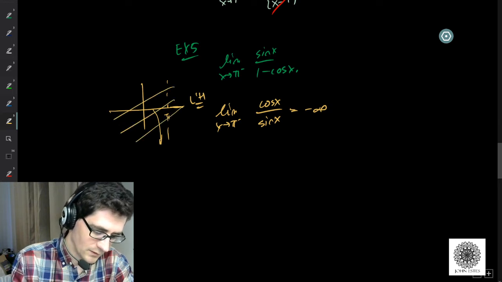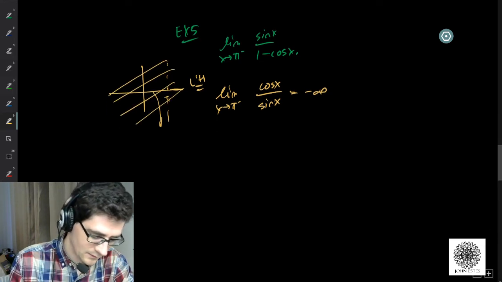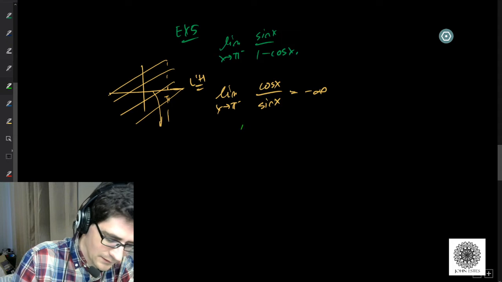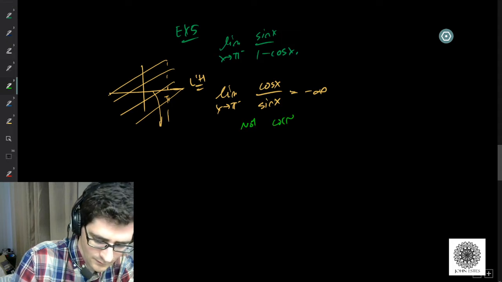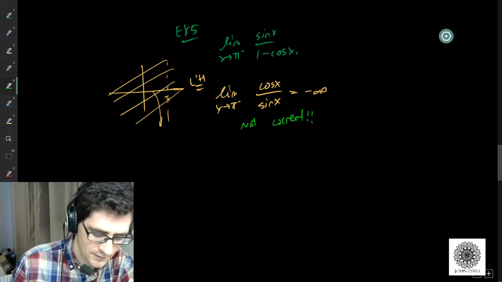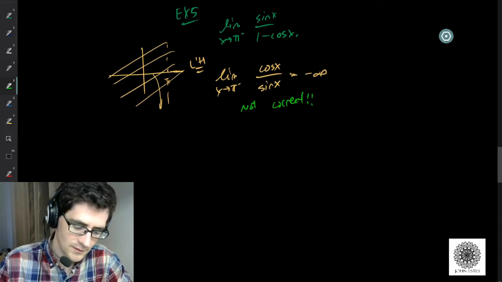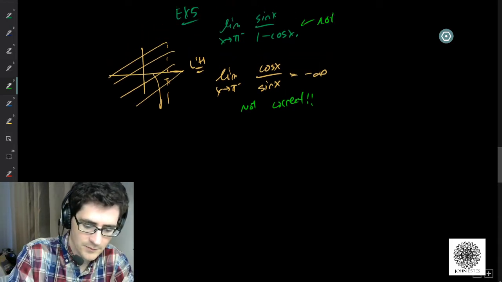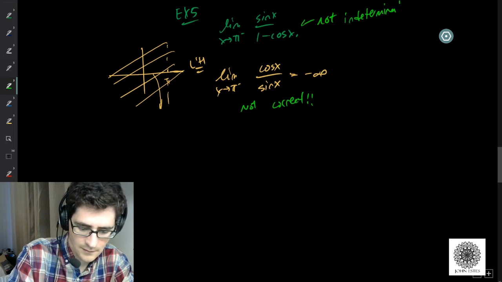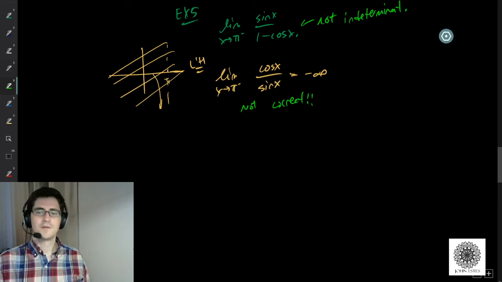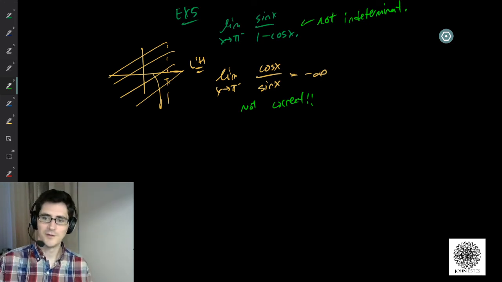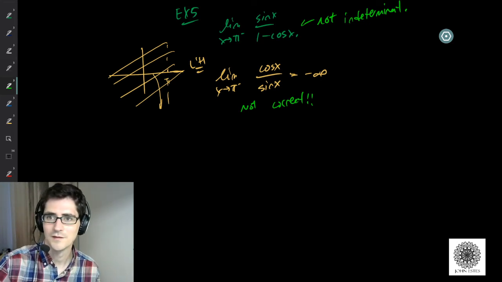So what do we do? Well, this is actually not correct. And why is it not correct? It's not correct because I didn't need to apply L'Hopital's rule in the beginning. This is not indeterminate. I didn't have a 0 over 0 situation to begin with, or an infinity over infinity situation.